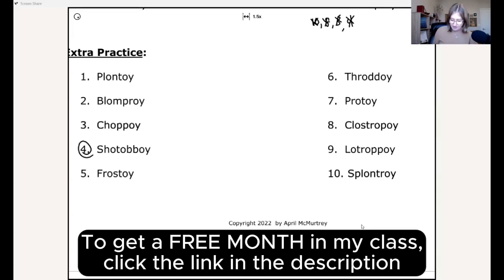Okay, so we have an SH digraph with our lips puckered forward. This O is going to say O because there's a vowel in the next 1 or 2 spots. This O is going to make a short sound with our jaw intentionally dropped, ah, because there are 2 consonants after it. OY says oi, usually found at the end of words, almost always. So our sounds are sh, o, t, ah, b, oi.